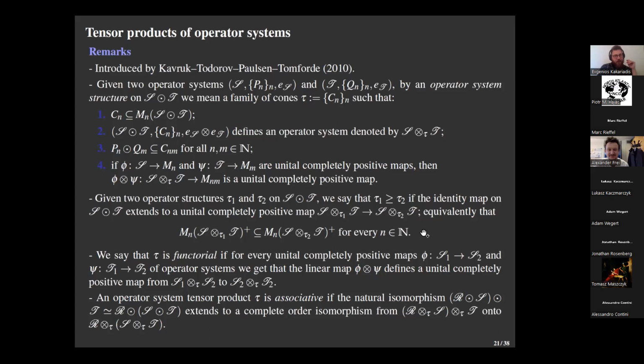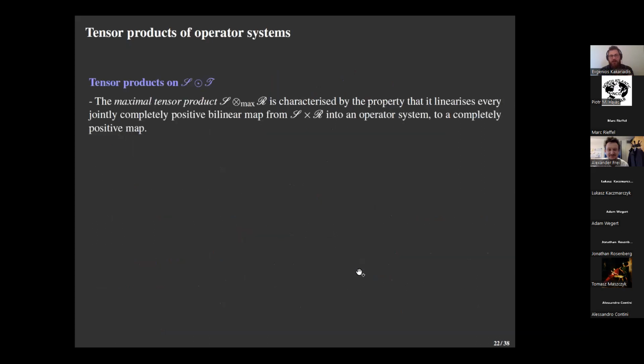It's not known if all of the tensor products I'm going to show you are associative. But being associative means that the tensor product respects the associativity from the level of the algebraic tensor product. Okay. But again, it's not clear whether all of them are associative. So I'm going to give you 5 of them.